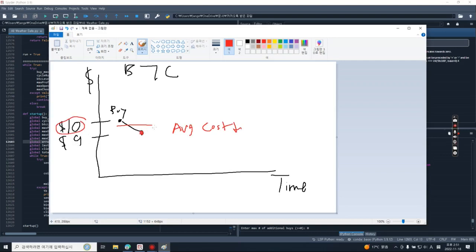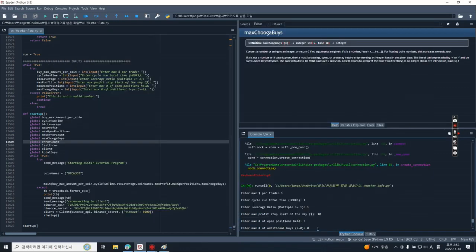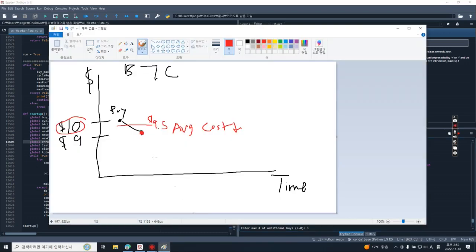You want to lower it more, so you want your total amount of Bitcoin to be worth $9.5. That's what this additional buy means. So if I input 1 here, it means that it'll buy Bitcoin again if it drops. That's just one more really nice feature.